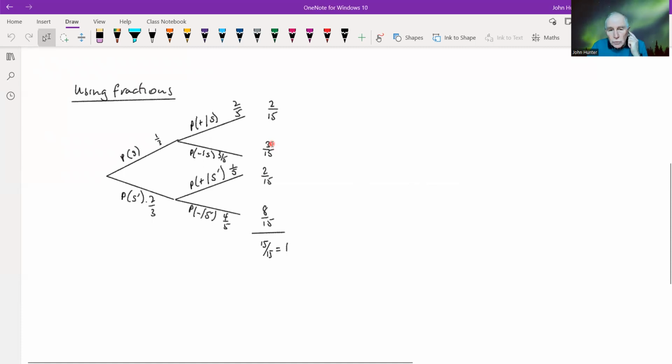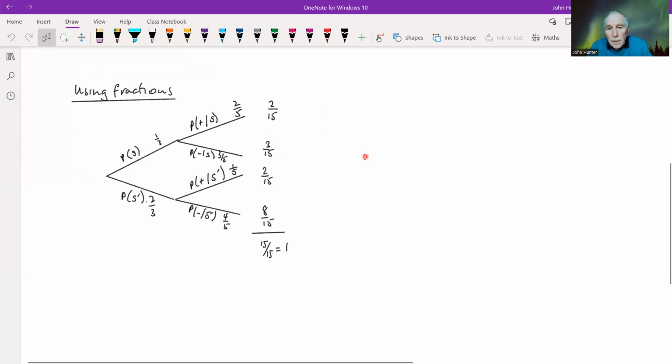It would be quite natural to do that, but it's more useful if you keep it in that raw form, because we will want to add these, including when we want to check that it adds up to 1, and then it's much easier if they're all in 15ths, and you can see that the total at the bottom is 15 15ths, which is 1. So that would be a little tip I would suggest.